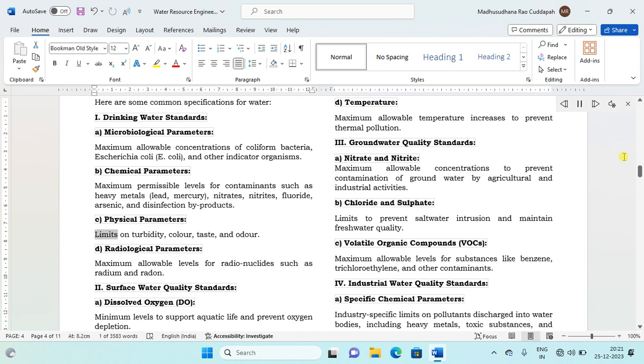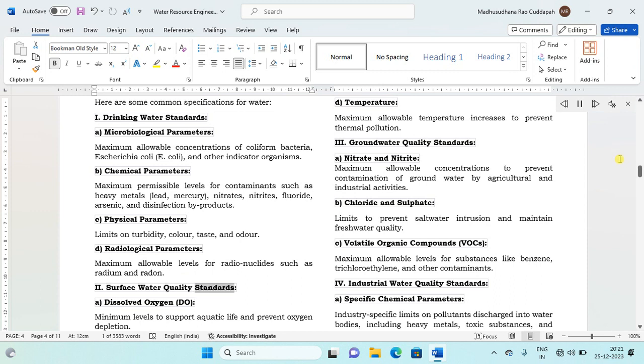C. Physical parameters: limits on turbidity, color, taste, and odor. D. Radiological parameters: maximum allowable levels for radionuclides such as radium and radon.